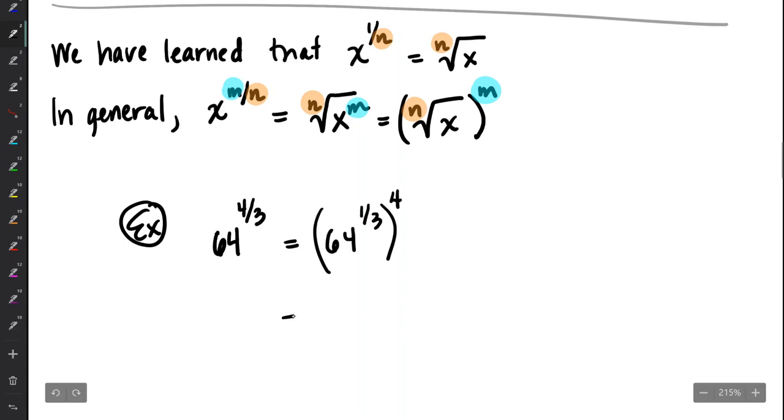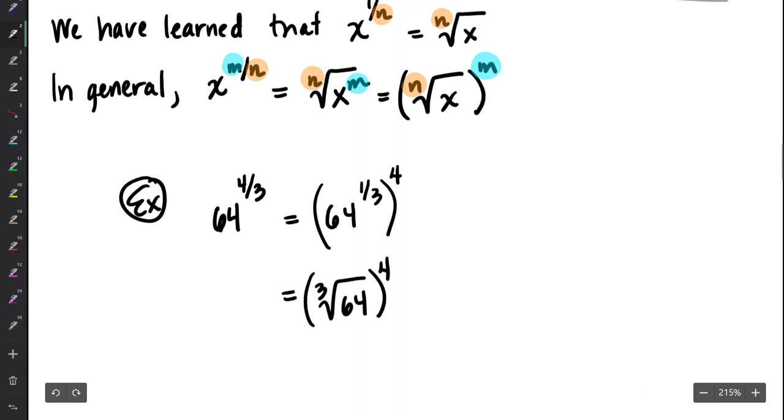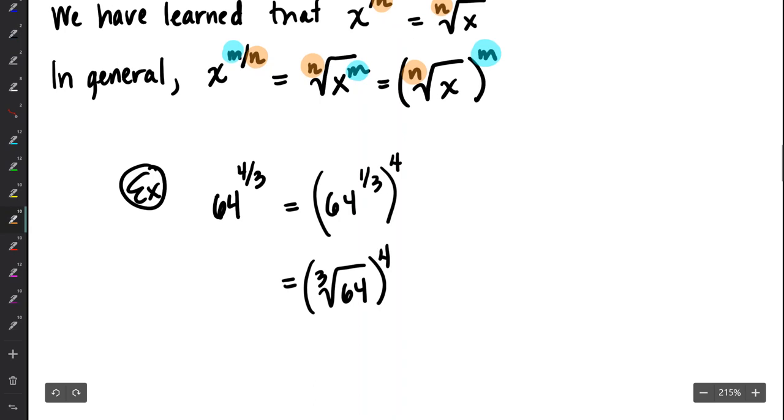We know that 64 to the 1/3 is the cube root of 64, and that's all being raised to the power of 4. The denominator is the root that you're taking, and in this case, because 64 is a perfect cube, I would like to take the cube root first.